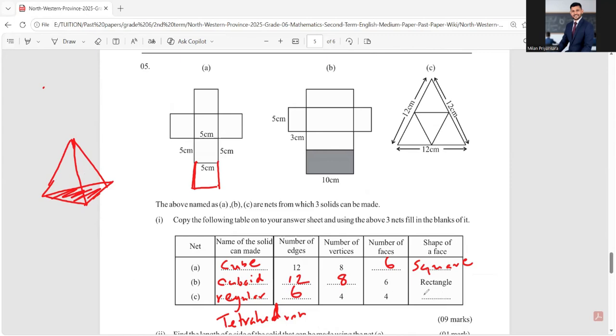Shape of the face is an equilateral triangle. Equilateral triangle means a triangle whose all the sides are equal. And even if you write triangle, probably your teacher will give you marks. It depends, but I think the best answer is equilateral triangle.